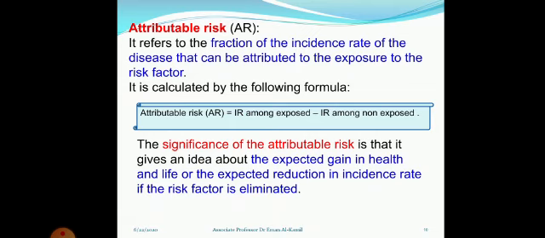The significance of the attributable risk is that it gives us an idea about the expected gain in health and life, or the expected reduction in the incidence rate if the risk factor is eliminated.